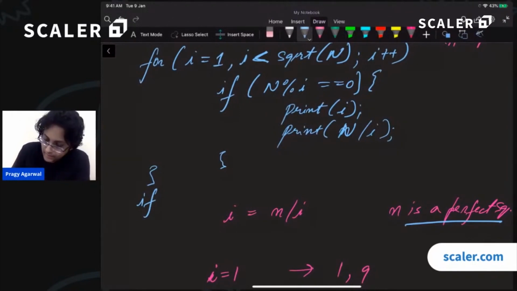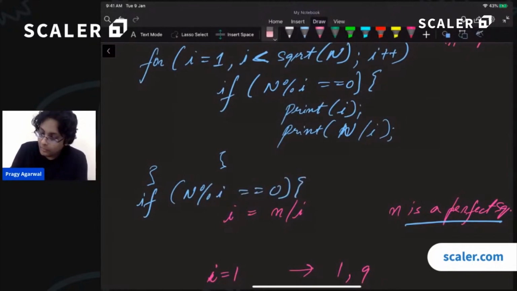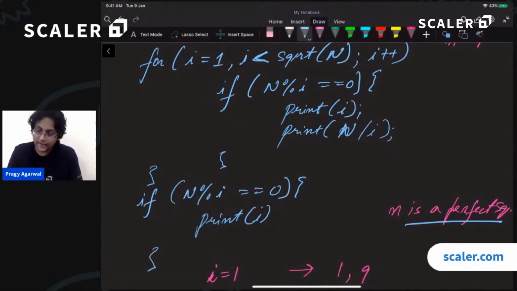So we will say if n mod I equals 0, then print it just once, because it is a square root. So just print I. Notice that we are not printing the pair over here. Is that clear? Cool. So this will give us the correct answer.